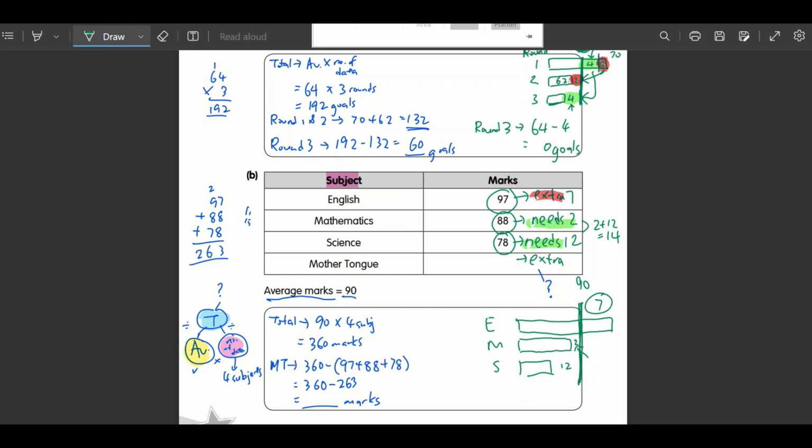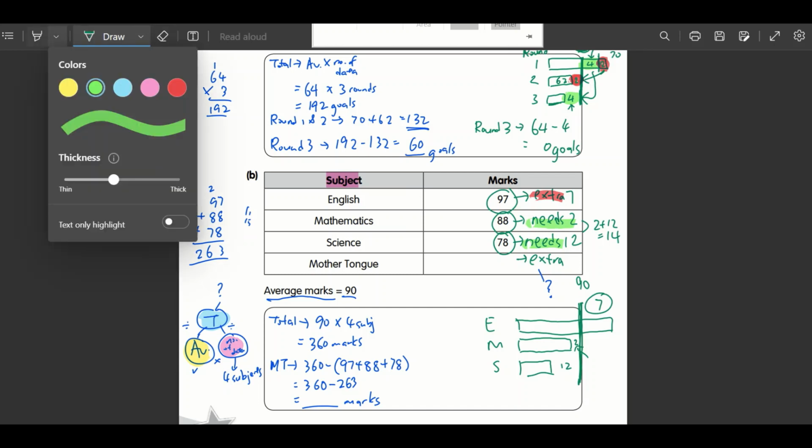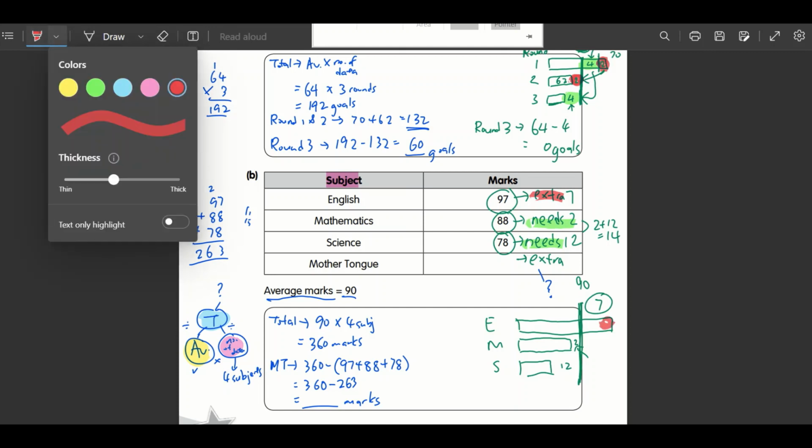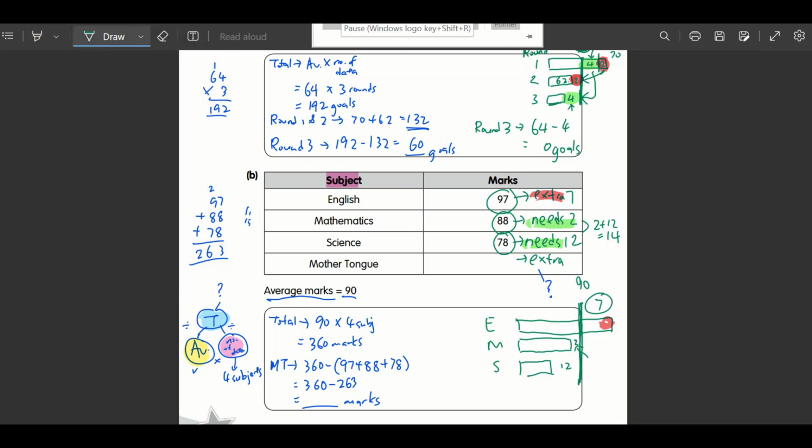If I give out this extra here, even if I give out 2 here, and I give this 2 to match, even if I give it out and then help match here, still not enough to help Science because there's still quite a bit missing out.